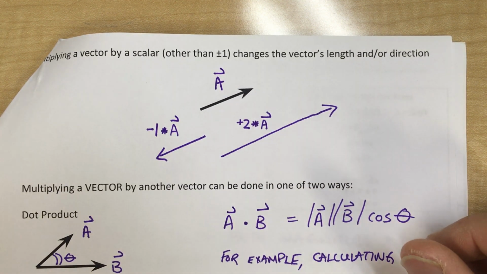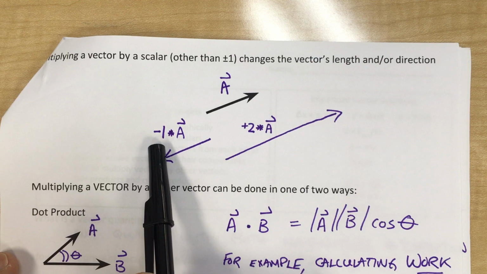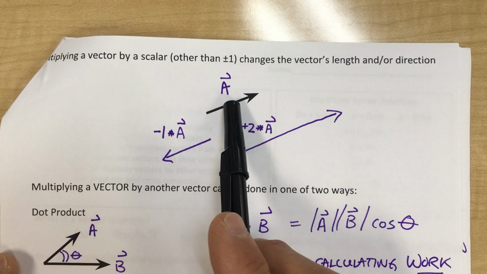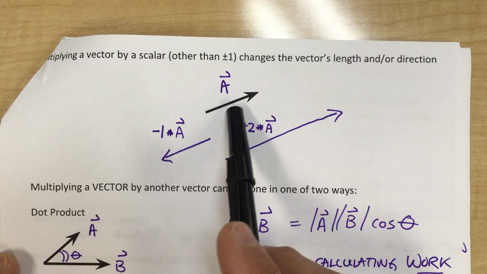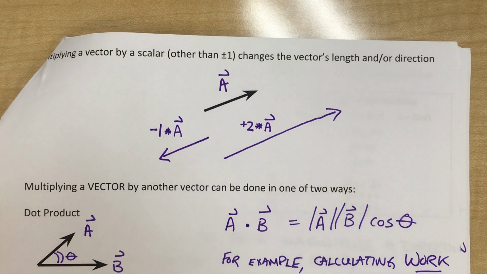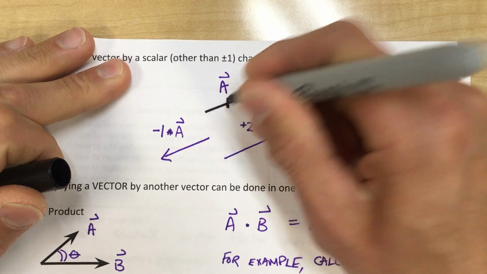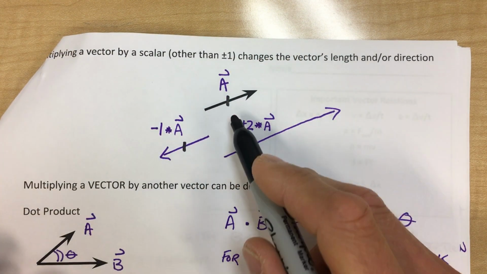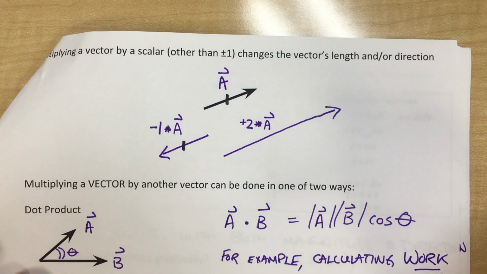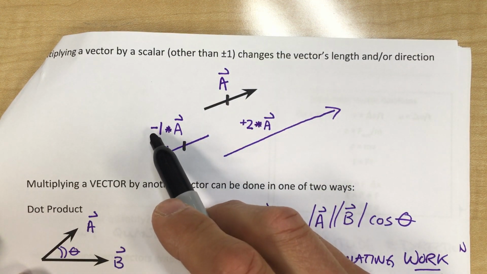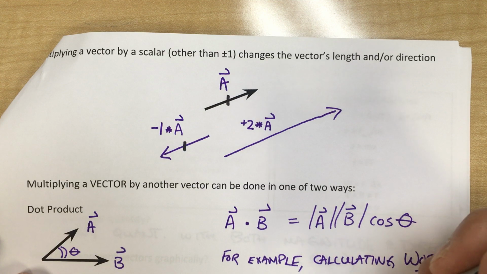So for example, if I use a scalar of -1 and I multiply this vector times -1, what I do is basically just change its direction. And so the length does not change, but I flip it by 180 degrees. So whenever you have a negative multiplied by a vector, you flip the vector by 180 degrees.